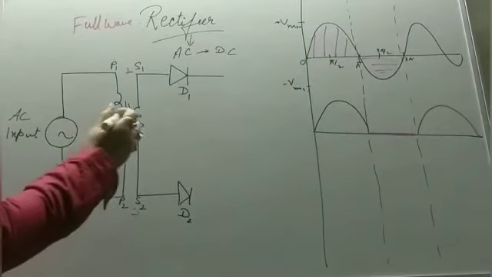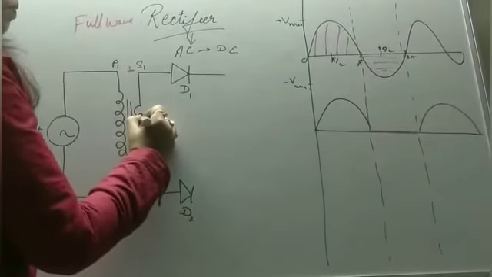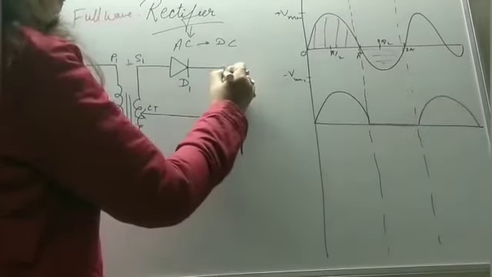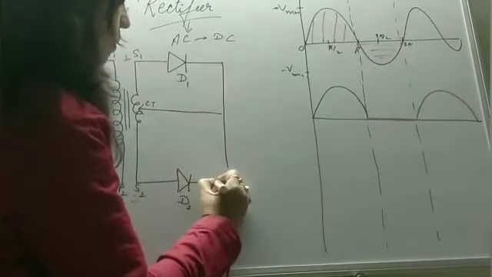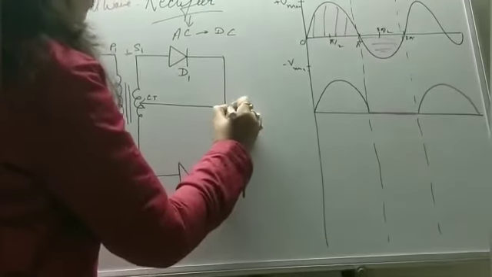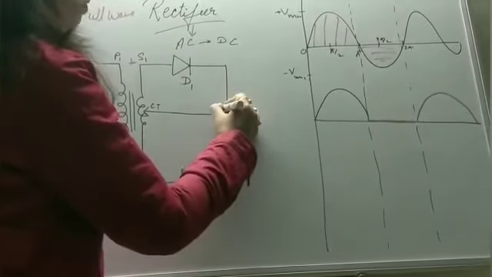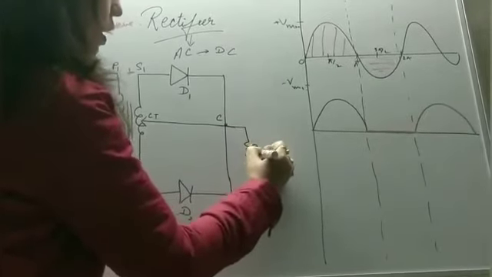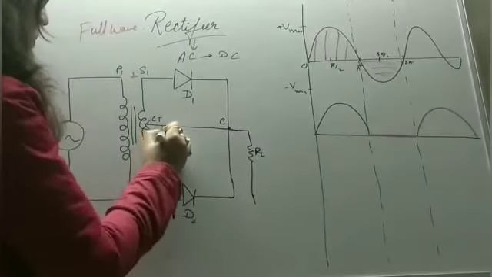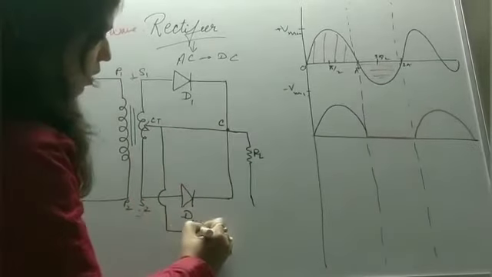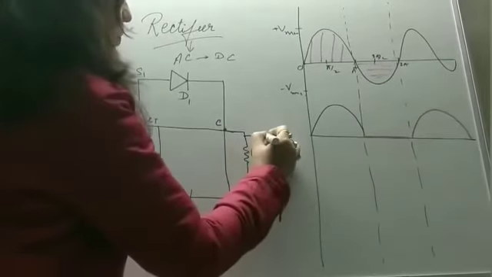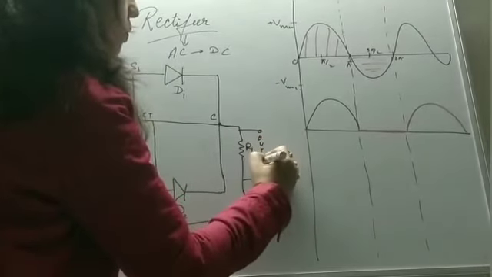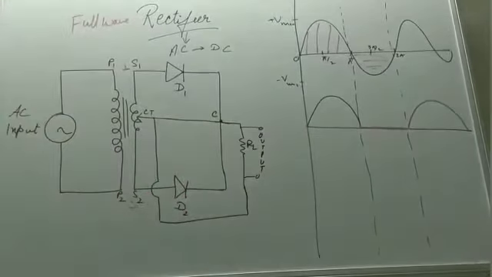And here I am taking a central tapping system, CT. Let me name this C. This is again your RL. Here we can connect in this manner. This is your output. Here we get the output. Now let us see its working.